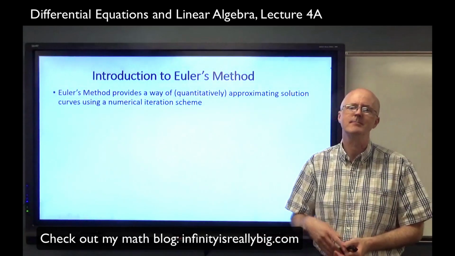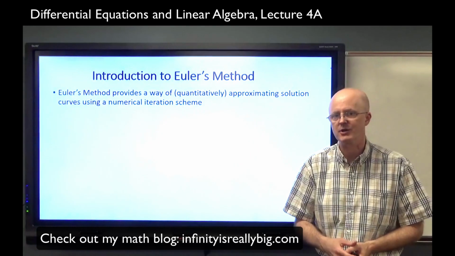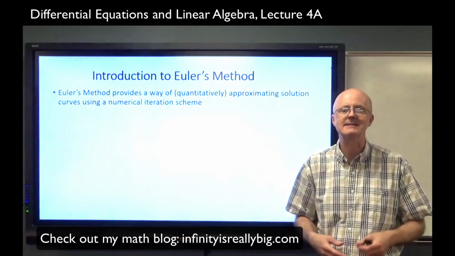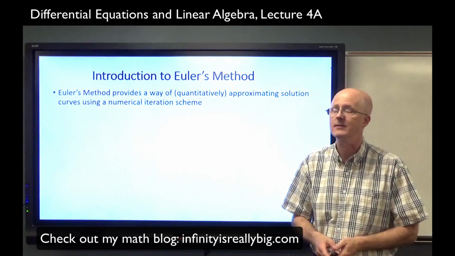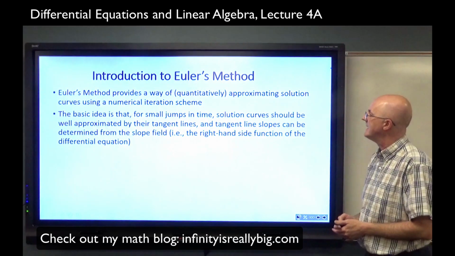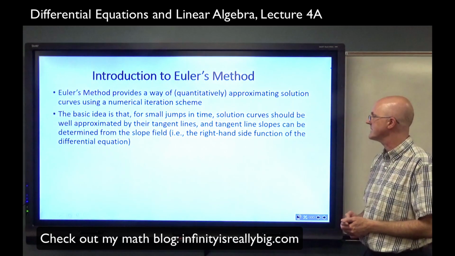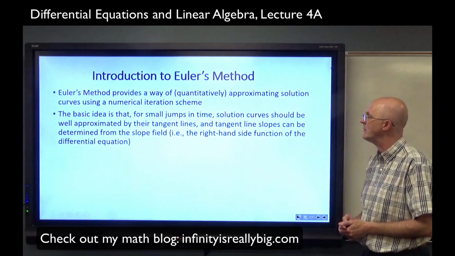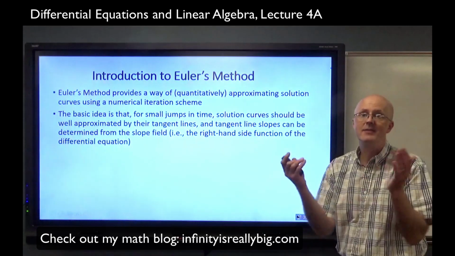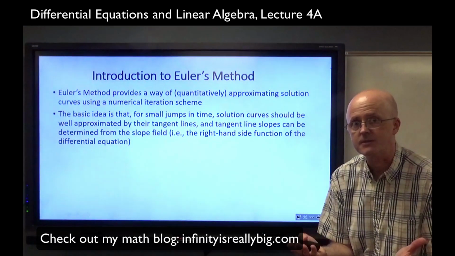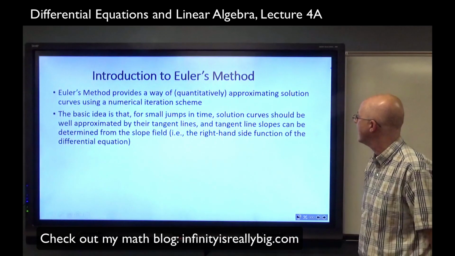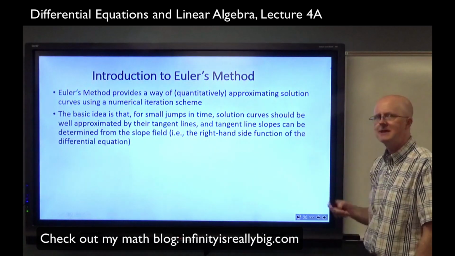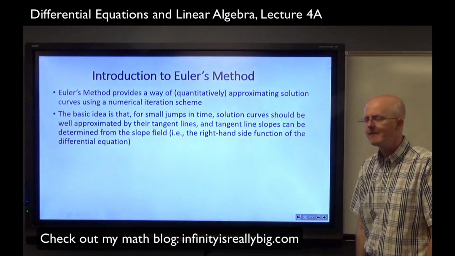Numerically approximate means find approximate functional values, and then connect the dots in some way to see the graph. The basic idea is that for small jumps in time, solution curves should be well approximated by their tangent lines. The fundamental idea of differential calculus right there. And the tangent line slopes can be determined from the slope field.